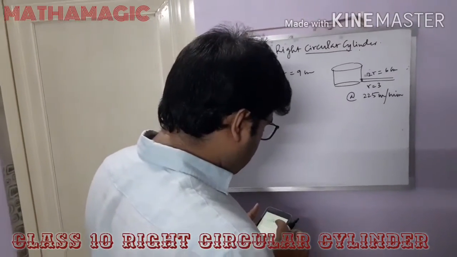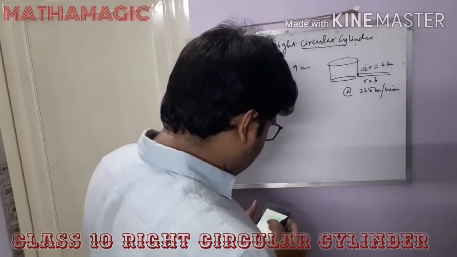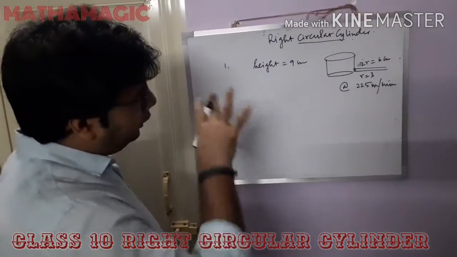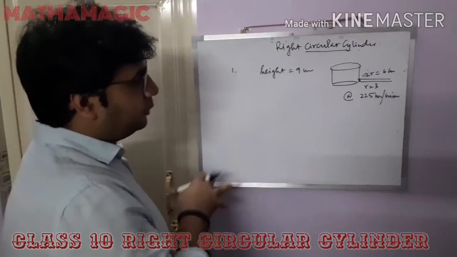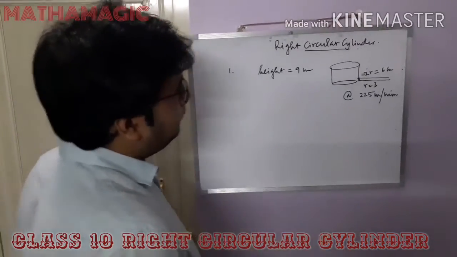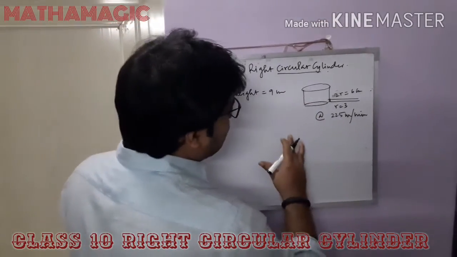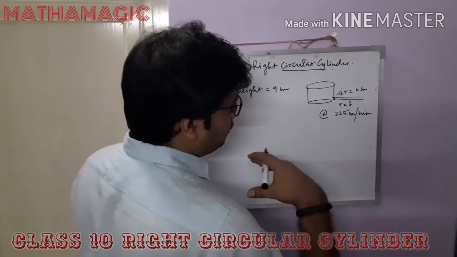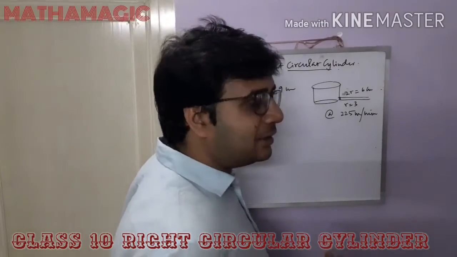Now if we do the same, then in 36 minutes the tank will be empty. So in 36 minutes the total volume of the water that can be stored in the tank is getting emptied. So we need to find the volume of water which flows through the pipe in 36 minutes.